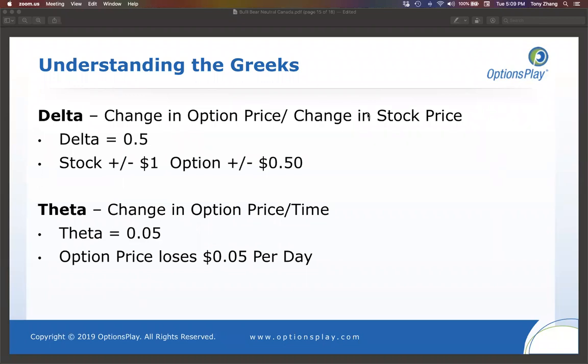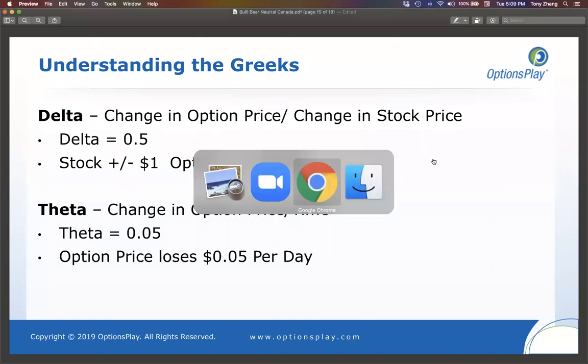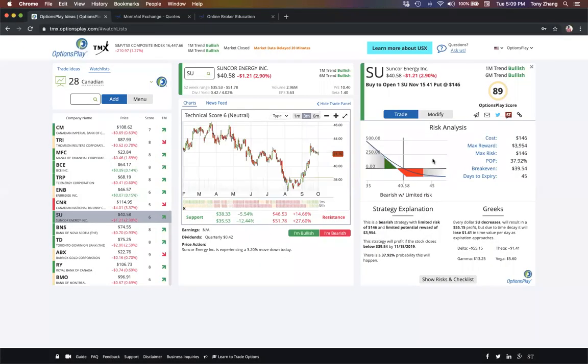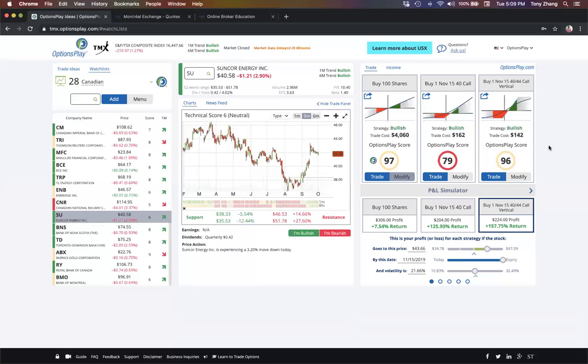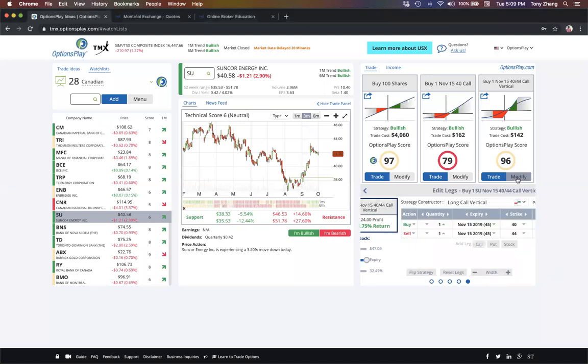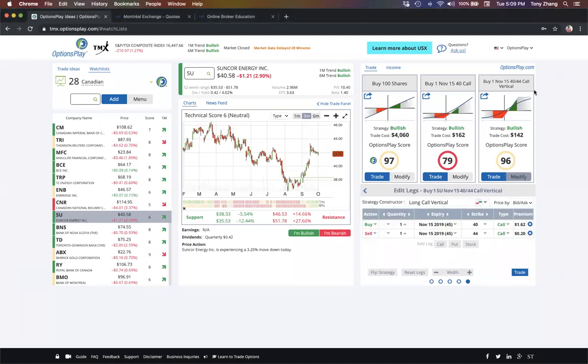How can a vertical spread be less costly than buying one call? Great question, Jacques. So the question was, how can buying a call spread cost less than buying a call option? A call spread costs less because a call spread is buying the same call. As you can see here, I'm buying the $40 call just like the regular call, but at the same time, I'm selling a $44 call against it. It cost me $1.62 to buy the $40 call.